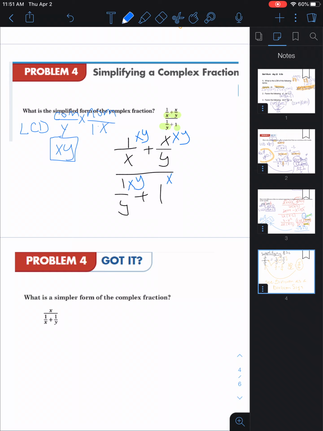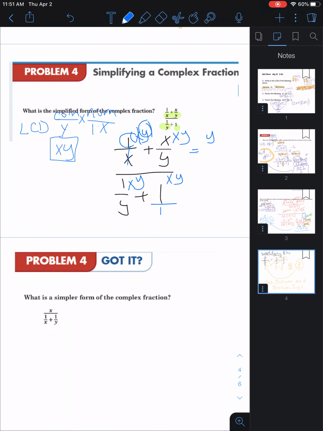And then I'm going to put that over 1. So as I multiply by xy, I would cancel out my x term in the denominator and the x term in the numerator, and I would be left with 1 times y, which gives me y. That's all. Or y over 1.